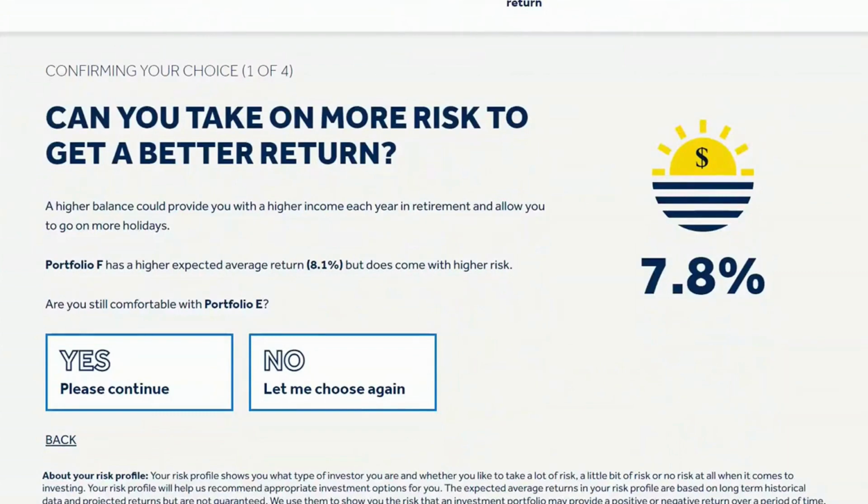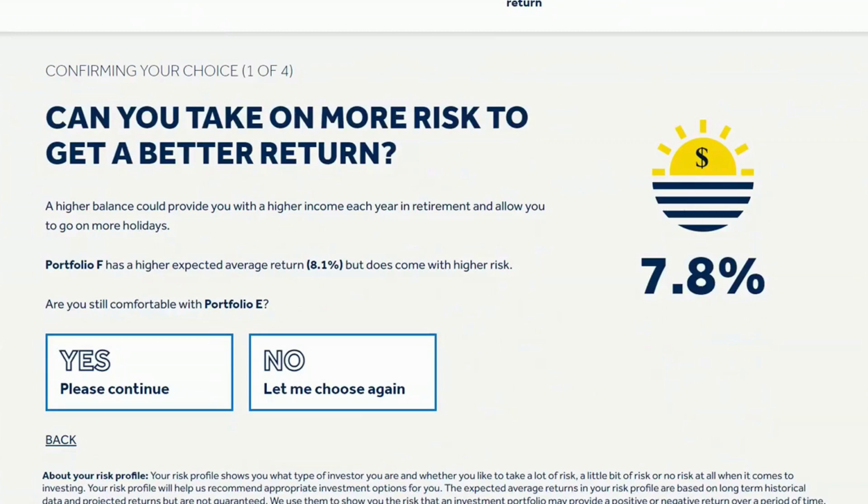There's generally four questions, unless you've come out of portfolio A or portfolio F. If you're at either extreme, there might only be 2 challenge questions. But for anyone in the 4 middle risk profiles, we just want to ask them some questions to make sure that they are comfortable, that they have thought about it from different angles.